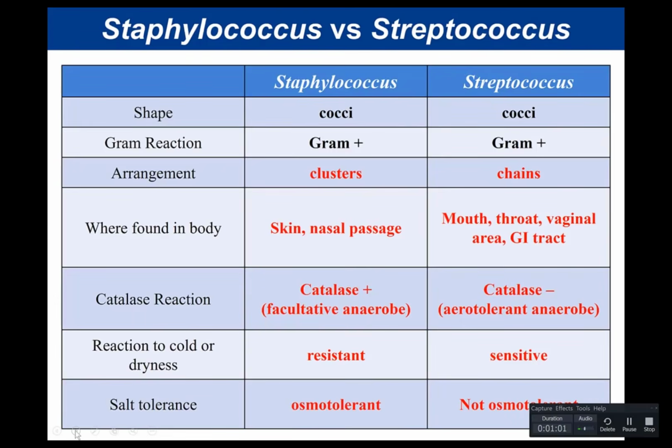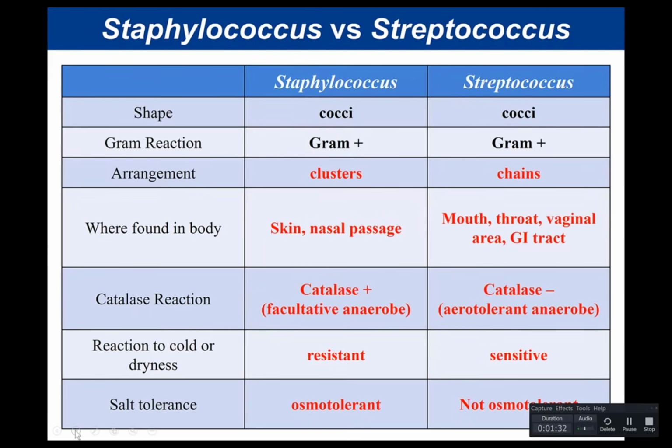So you have a slide that looks like this, and it's comparing and contrasting Staphylococcus and Streptococcus. What I did was I color coded. If it's black, it's the same. If it's red, it's different. So in terms of shape, Staphylococcus and Streptococcus are the same. They are both cocci, which would be our spheres. In terms of gram reaction, both are going to be gram positive, but where we start to get different is in the arrangement.